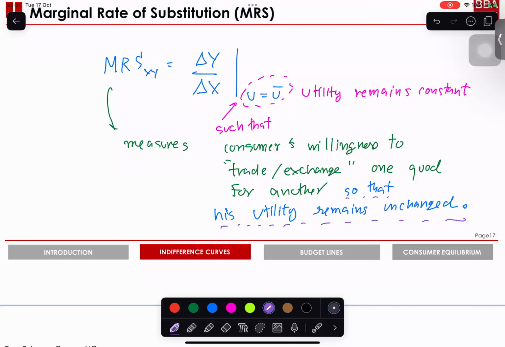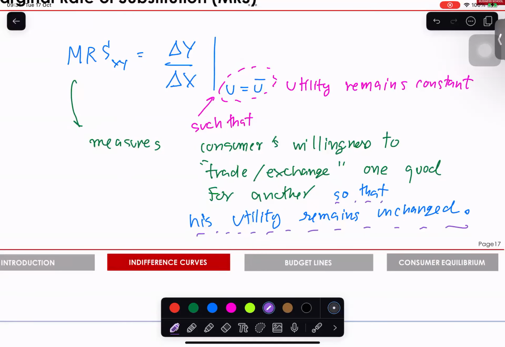Okay. Ready? Let's try to understand this extra phrase here, such that utility remains the same.